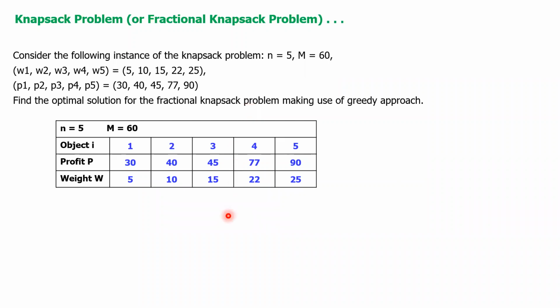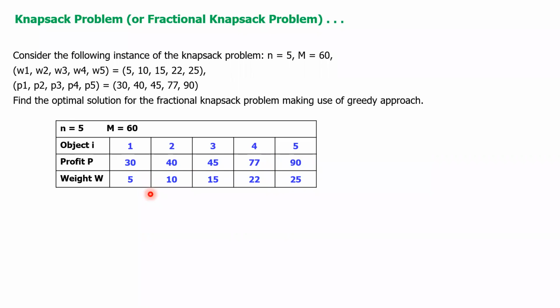I have represented the given problem in the form of a table for the convenience of solving it. So the number of objects is 5, the bag capacity is 60. I've numbered the objects 1, 2, 3, 4, 5, and for each object, I have tabulated the profit and the respective weight.